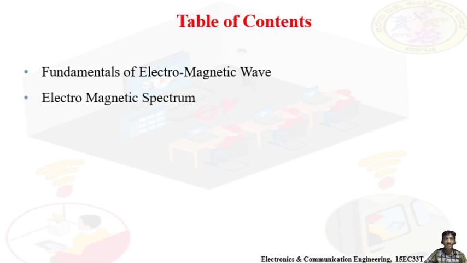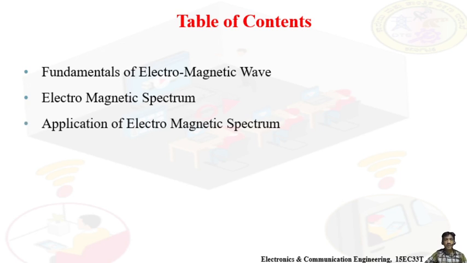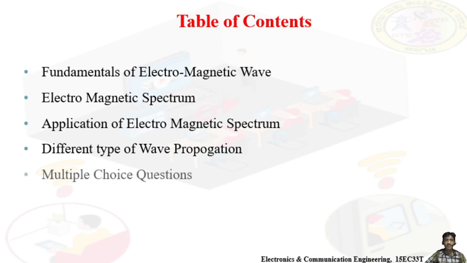Next, I will cover what the electromagnetic spectrum is. Then I will cover the applications of the electromagnetic spectrum. After that, I will explain the different types of wave propagation that are used in a communication system. Then multiple choice question reference.